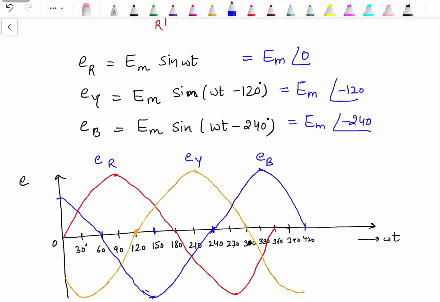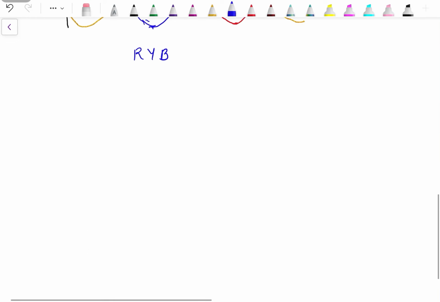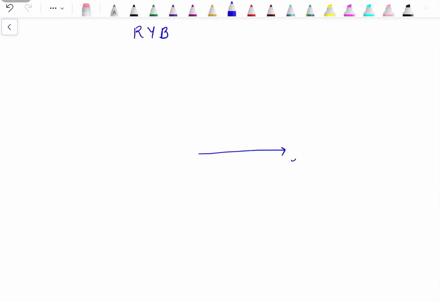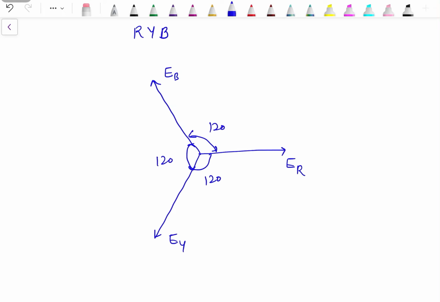Now these can be drawn in the form of phasors. ER, EY 120 degree, and EB 120 degree. All these angles are 120 degree.